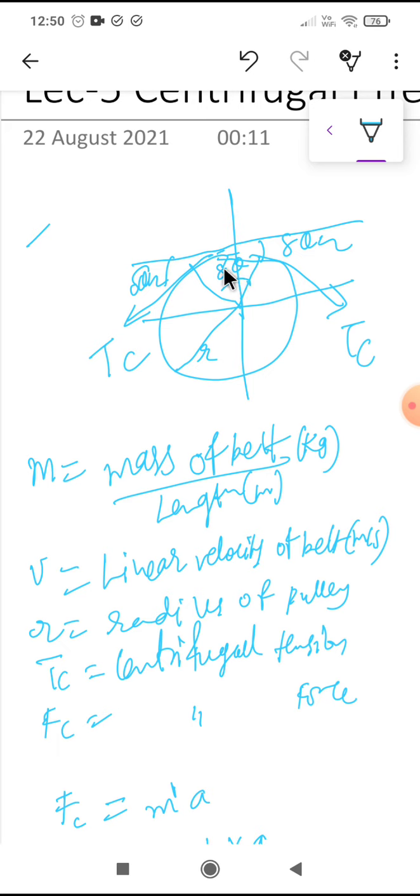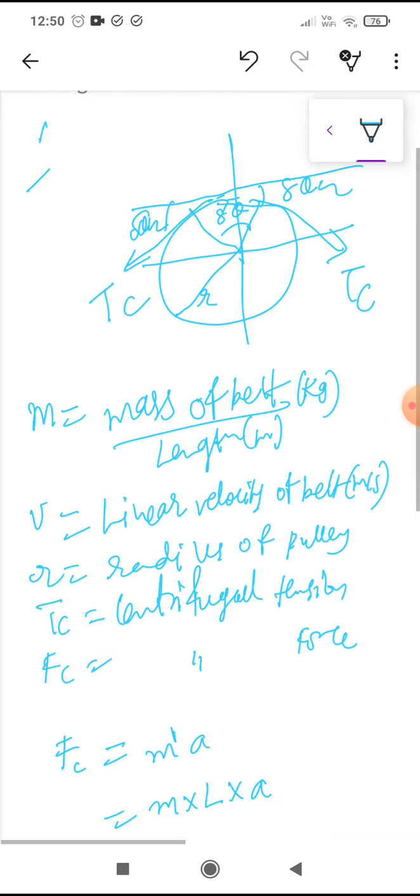As we know, the length of the arc will be radius into angle, so it will be r into theta.